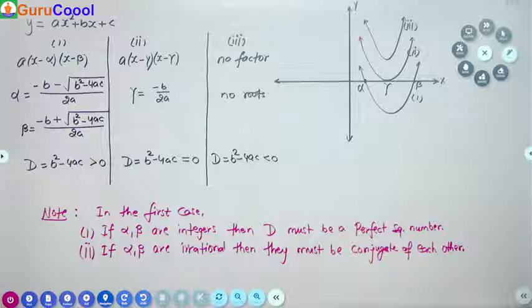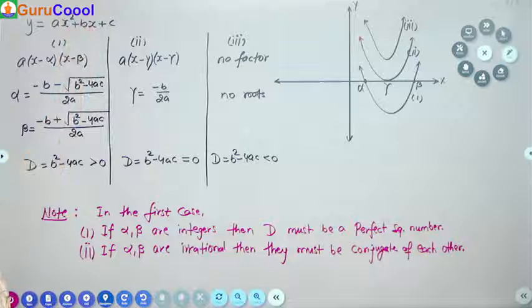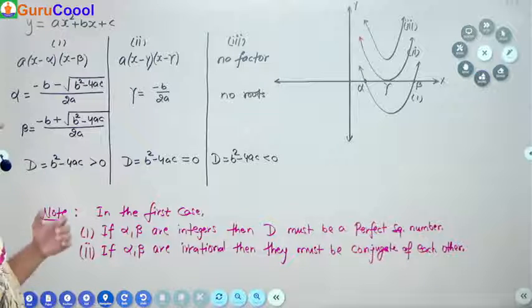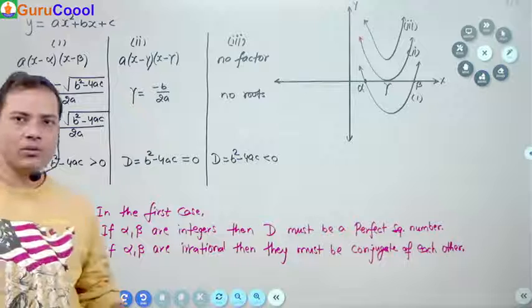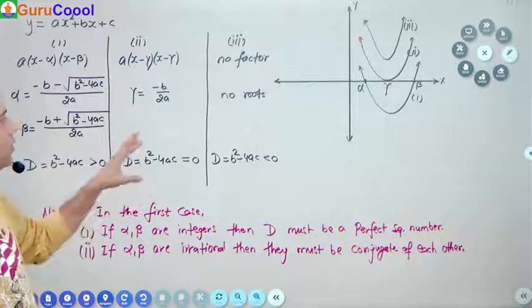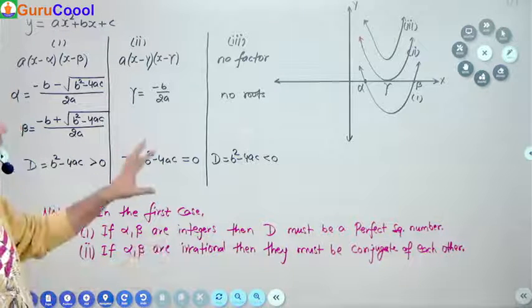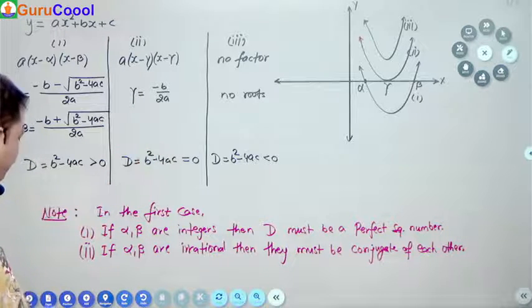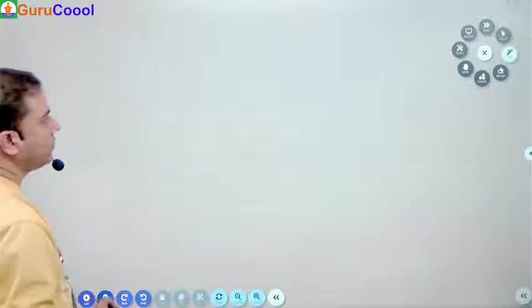Well, this was about various aspects of a quadratic polynomial, a quadratic function and its graph. Now we are going to learn how to graph a quadratic function, a quadratic polynomial. This is very useful for classes 10, 11, 12. Basically for 10th, this is in syllabus. Now let us see how to graph a quadratic.